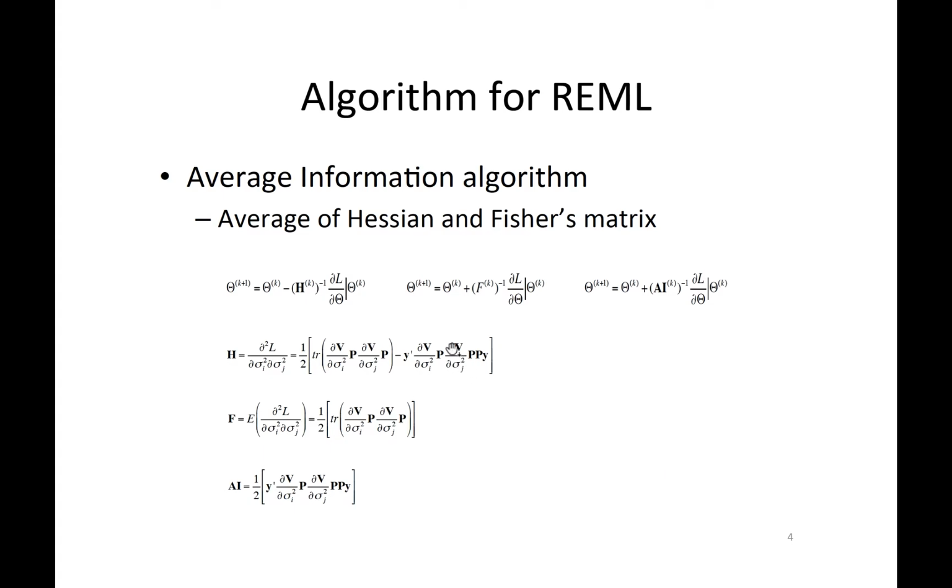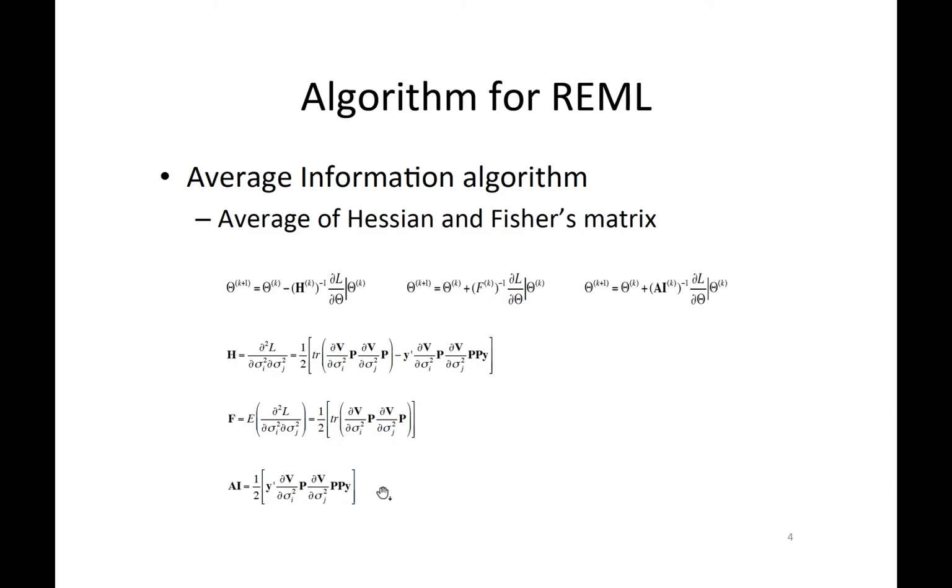That's the sum of the product of probability density function, and take a logarithm. Then Fisher scoring method excludes that and takes only this trace term. Then average information is the average of this H and F.